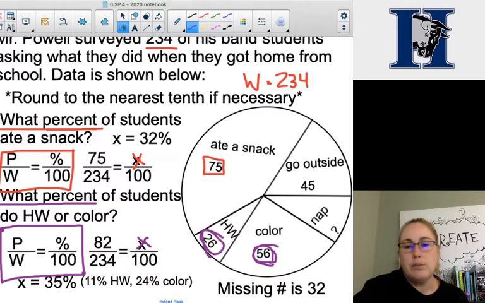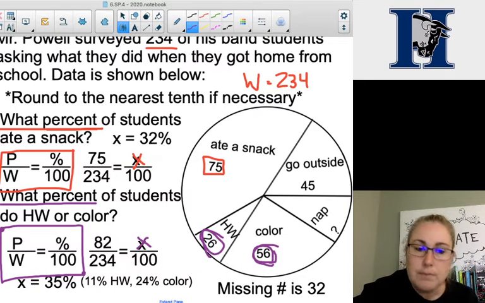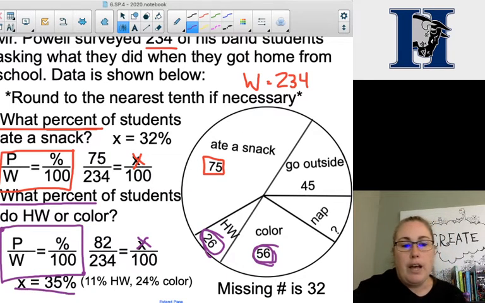So if we add those two slices together, we get 82 students. So 82 students out of my 234 students do either homework or color, and we want to know what percent. So once you get this formula filled out, cross multiply, solve for X, isolate your variable, all that good stuff, and you should get 35%.